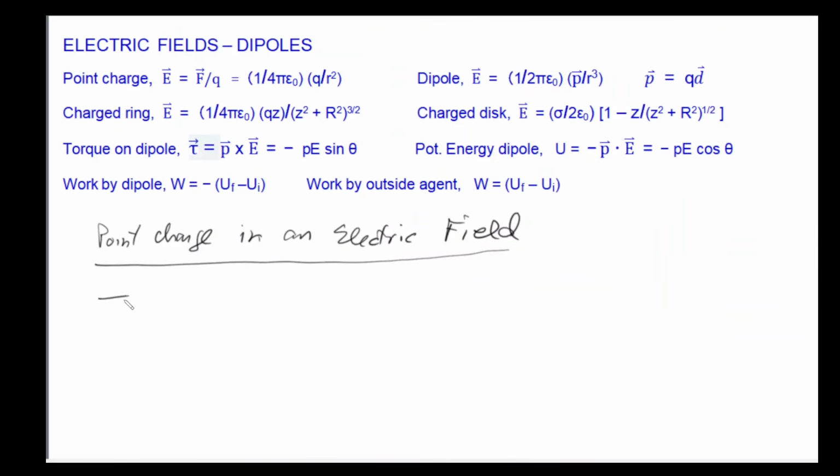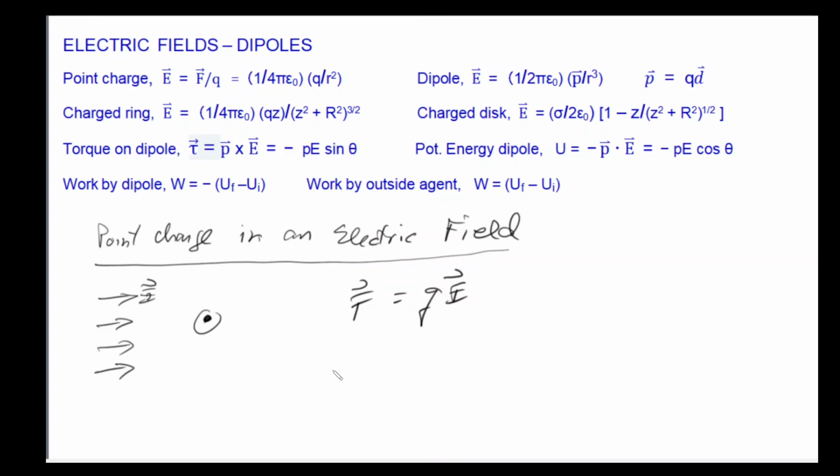Now, let's say you have an electric field and you decide to put a point charge in that field. Well, that field will exert a force on the charge given by force equals Q times E, as was stated before.